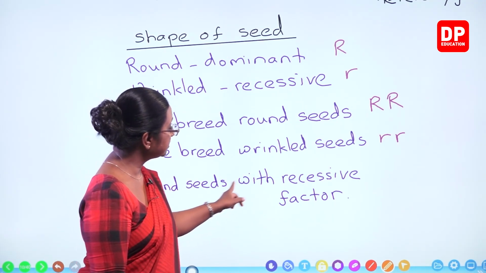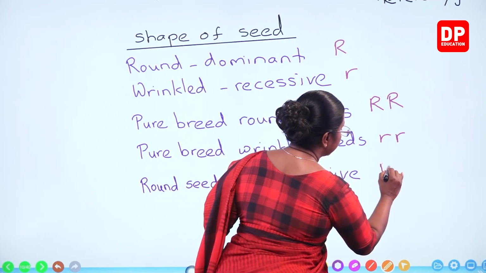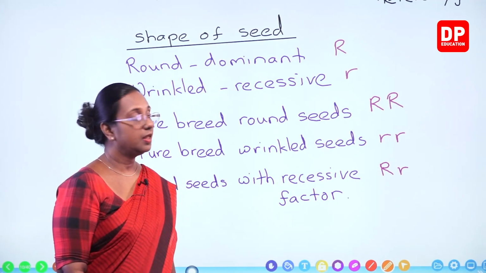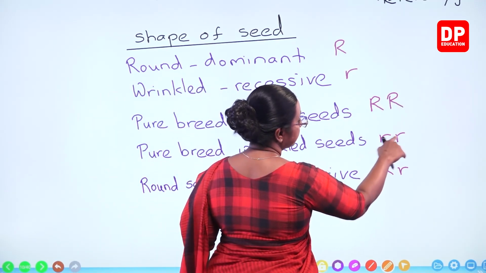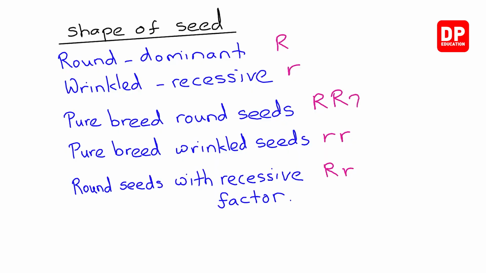Then round seeds but with recessive factors, it will be capital R, simple r. When both factors are similar, what do we call it? Homozygous. So these two, homozygous.